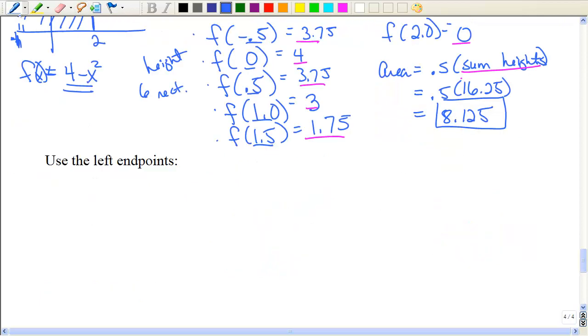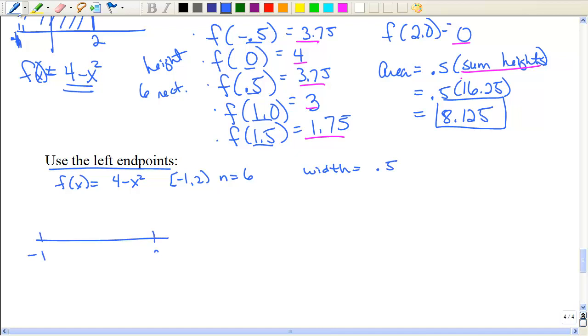So we're going to do the same problem, except this time we're going to use the left-hand endpoints. So my function is the same, my interval is the same, I still want to use 6 subintervals, so the width is still 0.5.